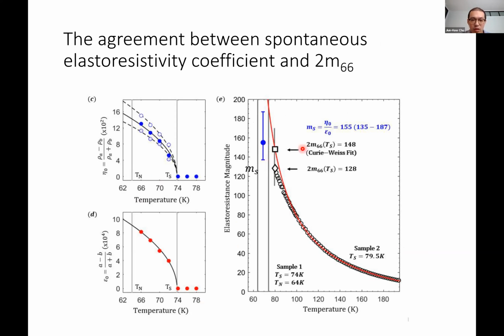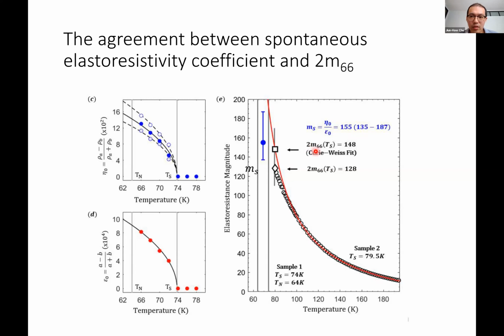The ratio of this quantity is around 150, and the elastoresistivity also reaches about the same value at the transition temperature. That really means that you can consider the resistive anisotropy just like a nematic order parameter, and also that the mean field free energy works.